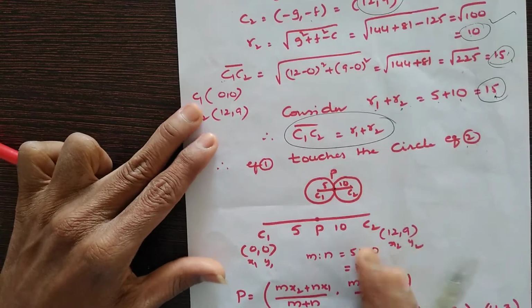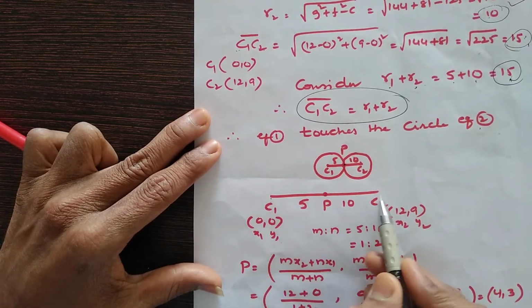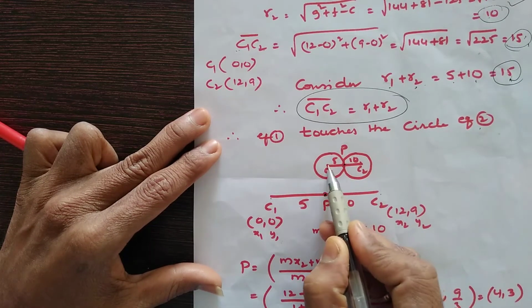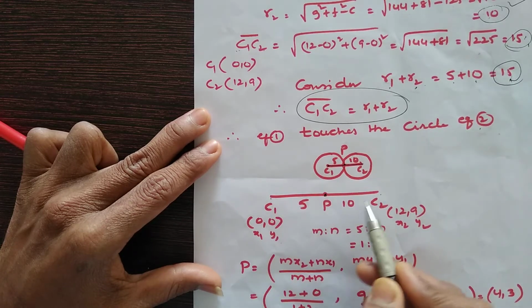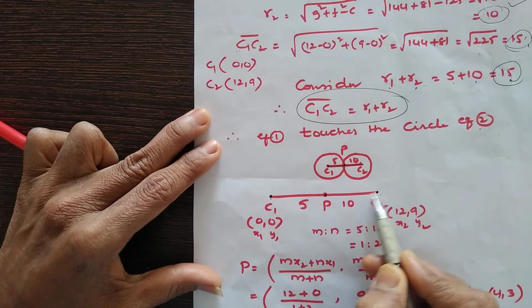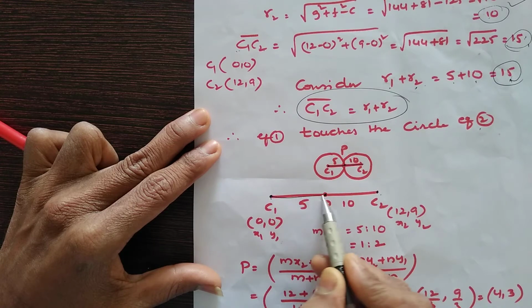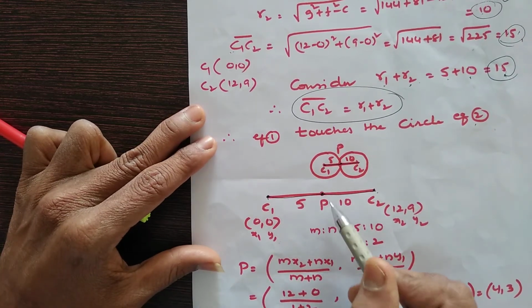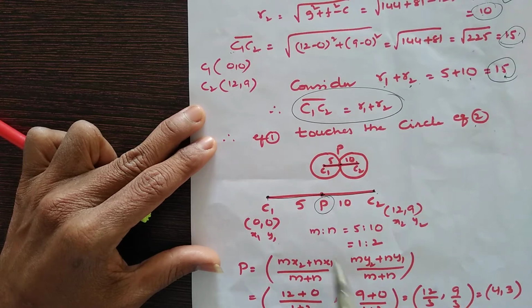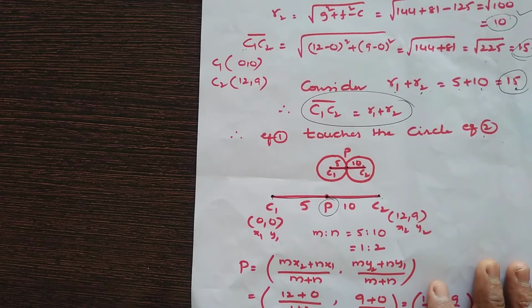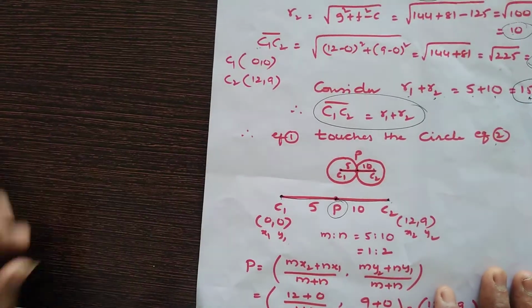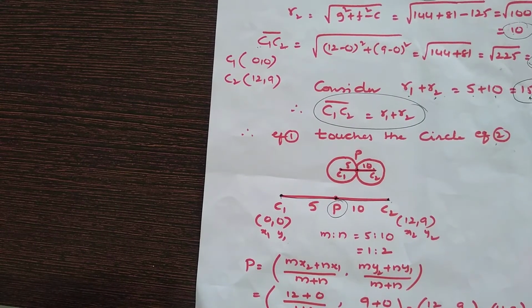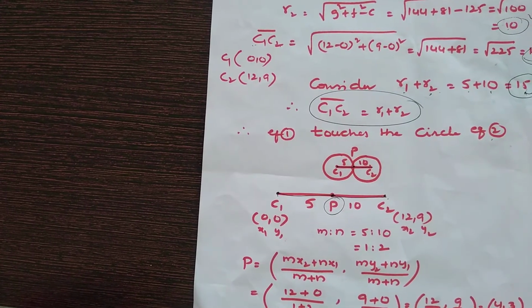Okay, now I am doing this. C1, C2 touch at this point. I have drawn the line segment separately: C1, C2 and point P, and from here to here the distance is 5, from here to here the distance is 10. Now we need to find the point P. If you apply the section formula, what is it? (m x2 plus n x1) by (m plus n), (m y2 plus n y1) by (m plus n).